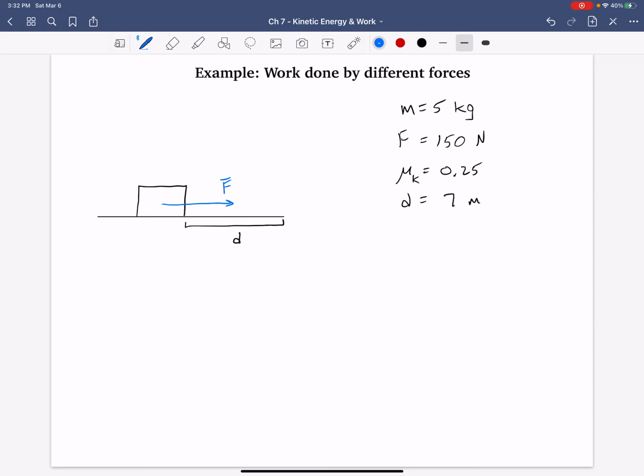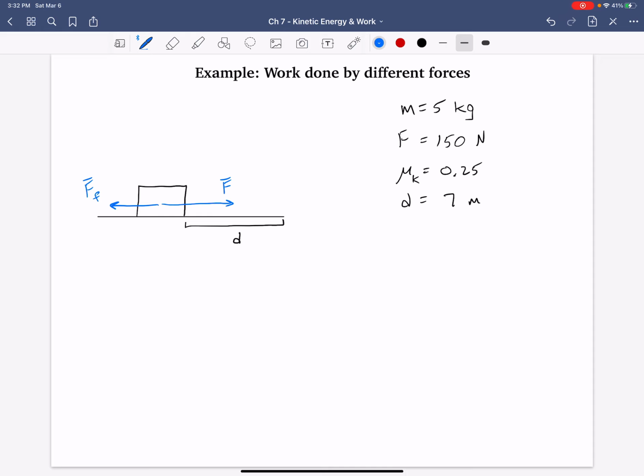And what else do we have? Well, as the box slides, again, we're assuming it automatically overcomes Fs max. So as it's sliding, there's a frictional force trying to oppose that motion. So that points left. So we can call that Fk, the frictional force there.